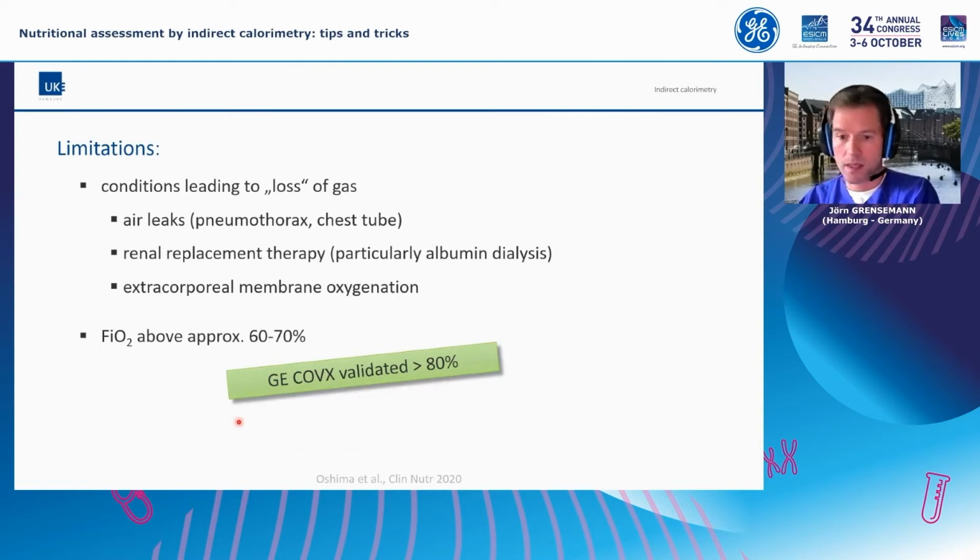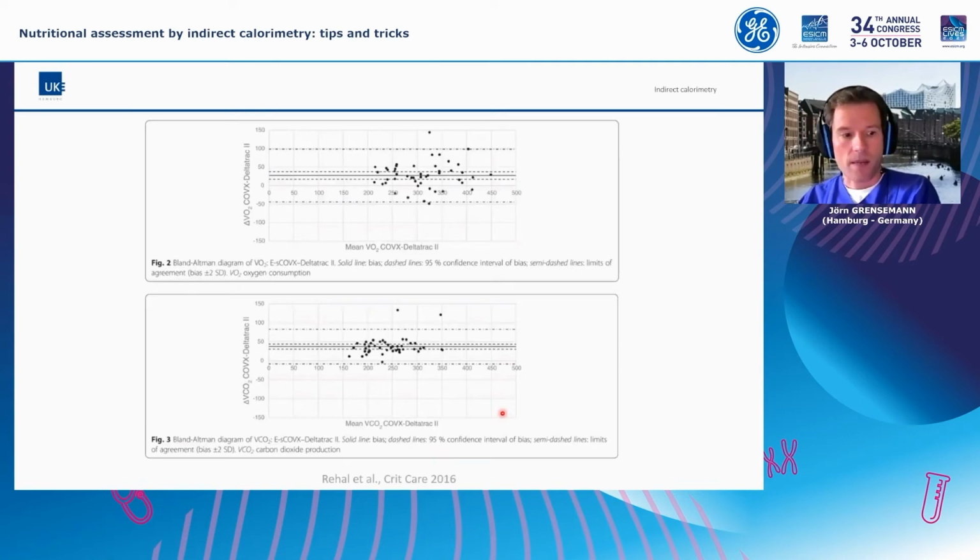The calorimeter of General Electric, the COVX module, is validated up to 80 or even higher percent. So to show you some validation data of this module against the Deltatrac that was regarded as gold standard, but is not available anymore. There are no spare parts.